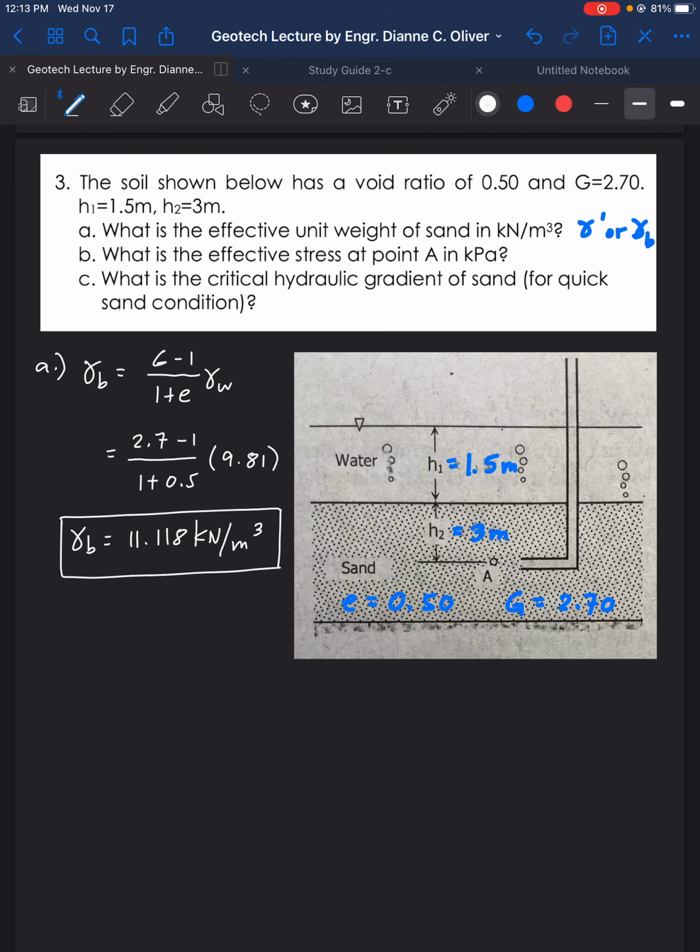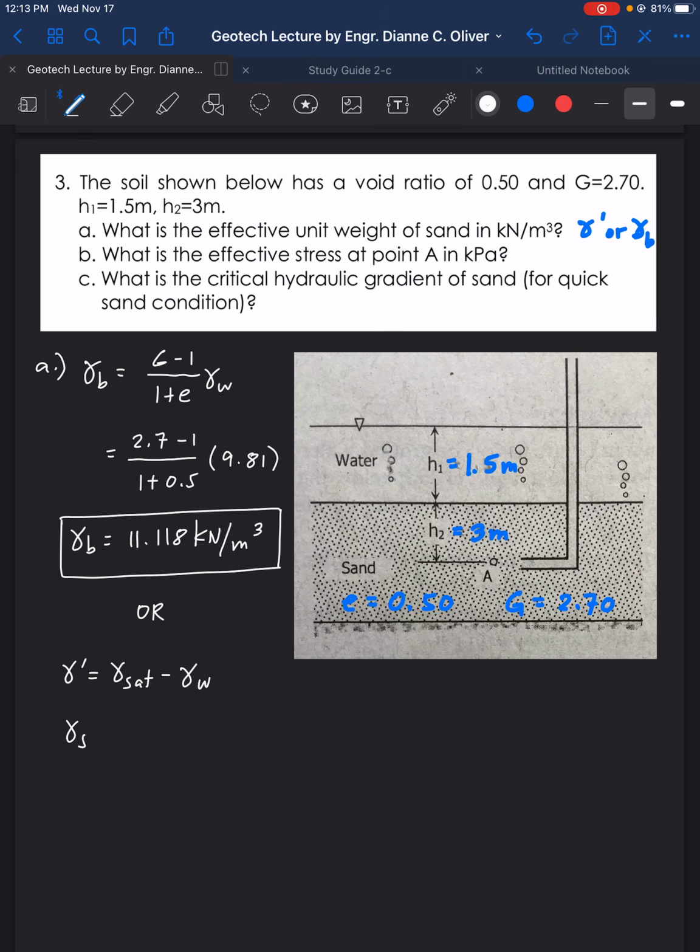Now how about if you forgot the formula for gamma effective? So we can solve it via gamma sat. So remember that gamma effective is equal to gamma sat minus gamma of water.